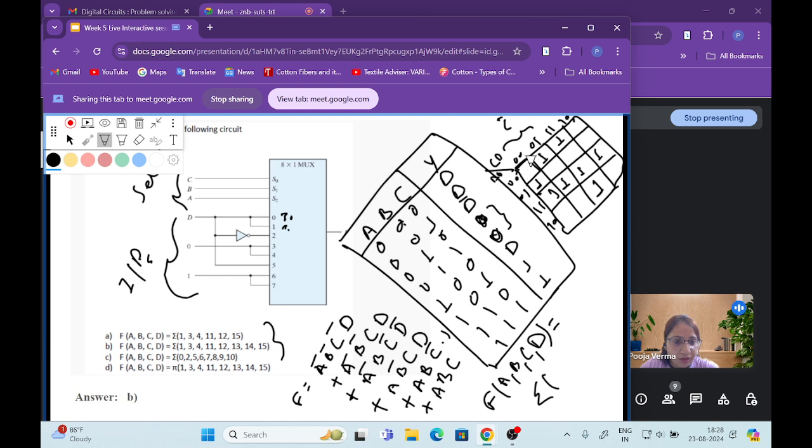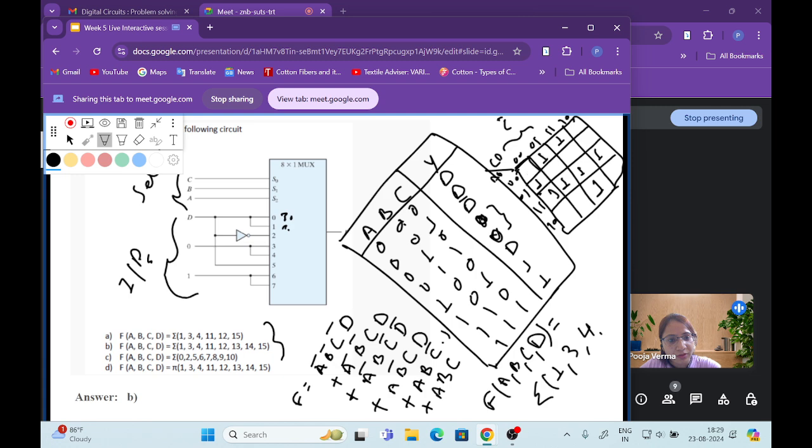Then the next ones 1, 2, 3. Then 4, 5, 6, 7. This one is 8, 9, then 11, then 12, 13, 14, 15. Already you have studied the K map. So this one is 0, so 0, 1 and 2, 3. So 1 and the second one at 3 places. So 3. Now the next one is at 4th, right? 4. Now this one is 4.